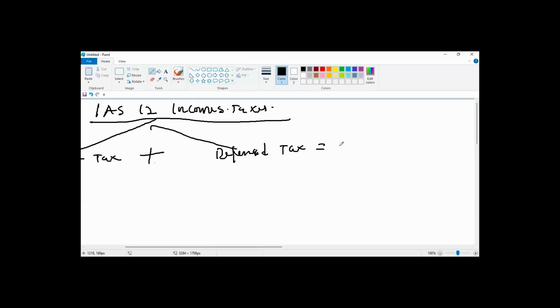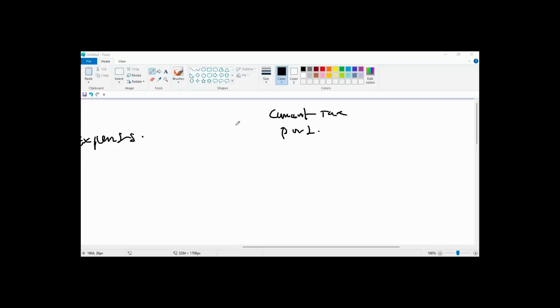The tax expense you are seeing in our P or L, for the current tax, what do we do? We debit P or L, then we credit current liability, although there is an exception to this.